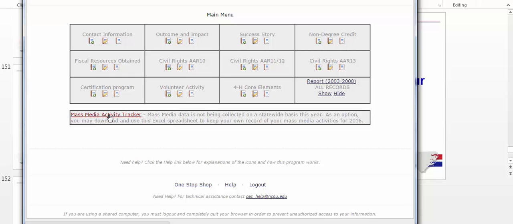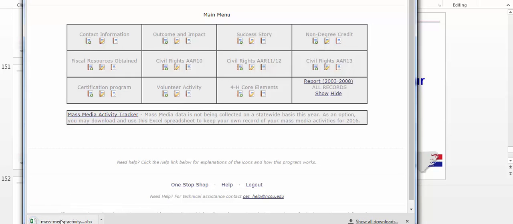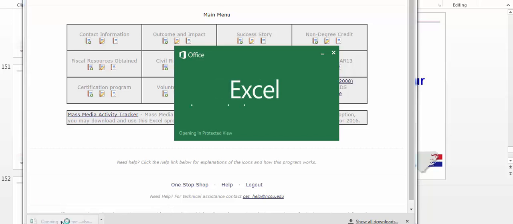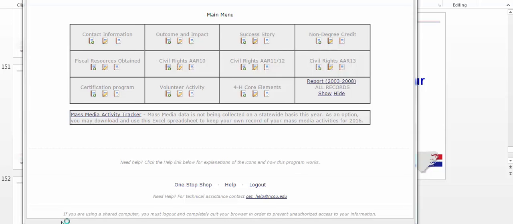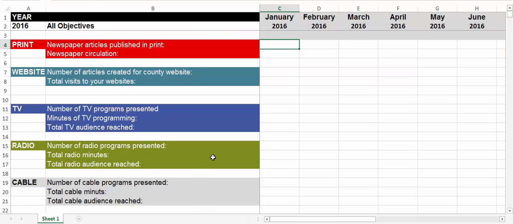But mass media can still be utilized to report. And this is what it looks like.